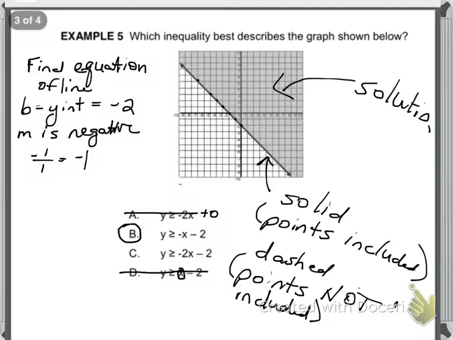Now, let's do a couple other things just as a reminder for some notes here. Solid is greater than or equal to or less than or equal to. Dash is going to be greater than or less than. Remember, the solid means the points are included, so there's also the equal to part.